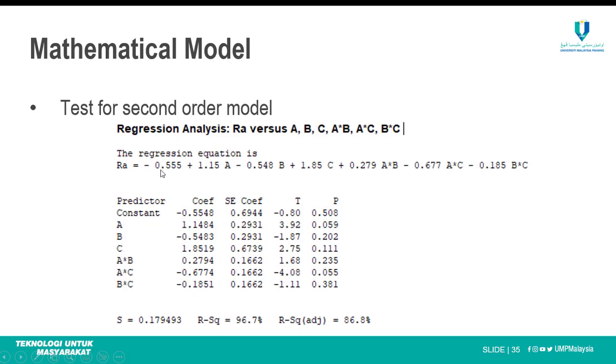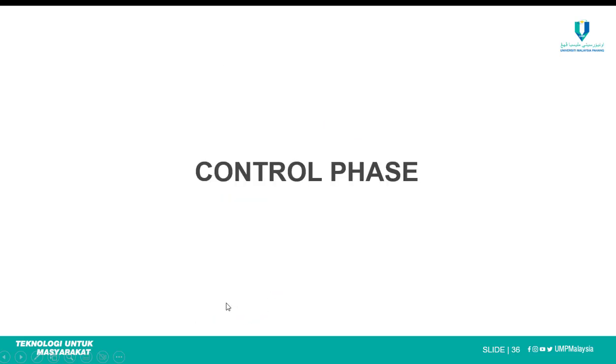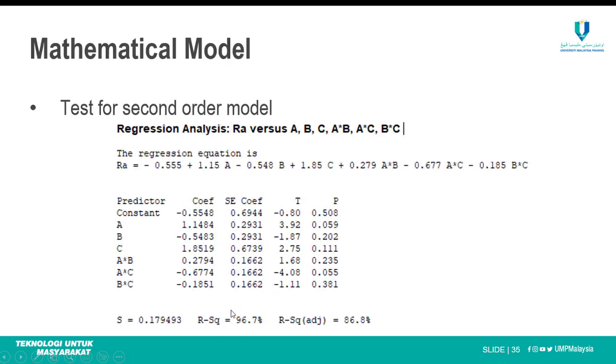So this is the new model. If we look at the model, it has the A and B interaction, A and C, and also B and C. And if we look at the R square value, the value has tremendously increased to 96%.